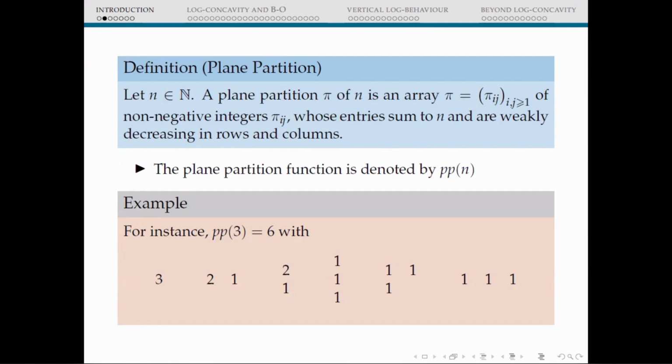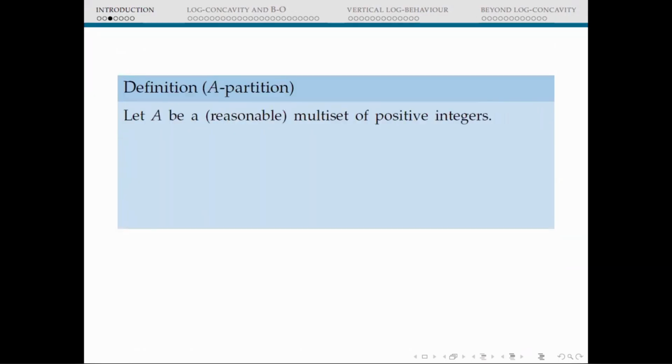But the most important object from my point of view was the so-called A-partition function. So now we would like to fix a set or a multiset of positive integers, which is reasonable. I will describe what that means in a few seconds.